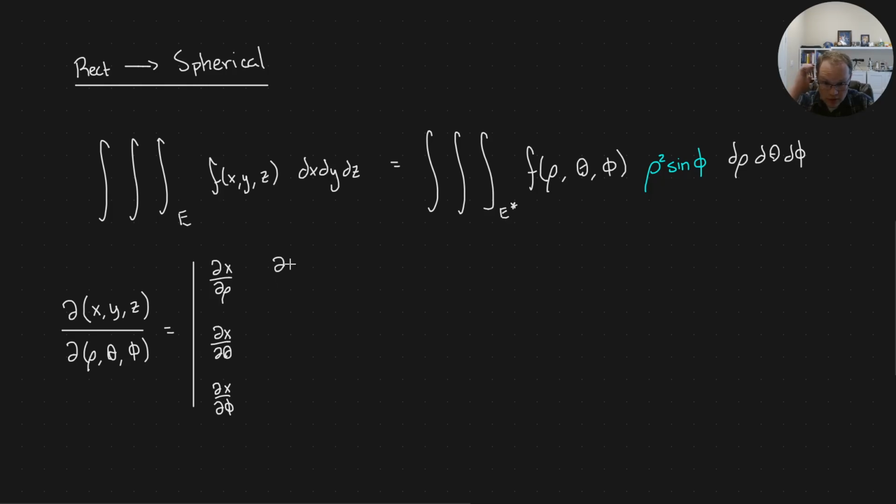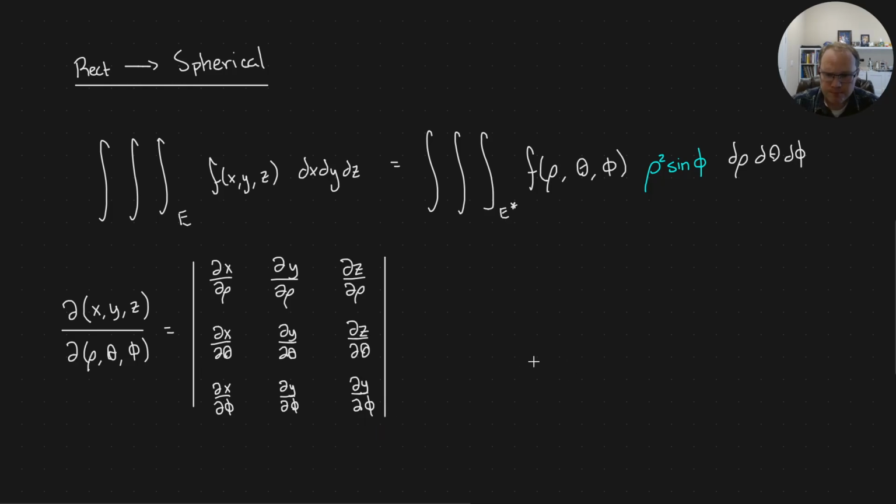The partial derivative of y with respect to rho, with respect to theta, with respect to phi, and the partial derivative of z with respect to rho, with respect to theta, and with respect to phi. Okay, so let's grab our relationships between our old variables x, y, z and our new variables rho, theta, and phi. We know, just because we've dealt with spherical coordinates before, that we want x to be rho sine phi cosine theta.